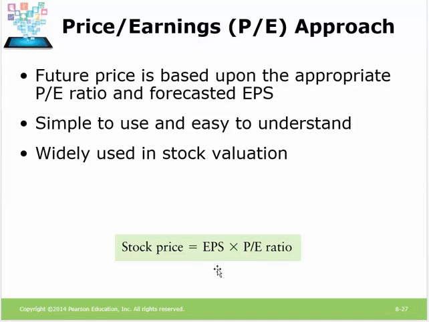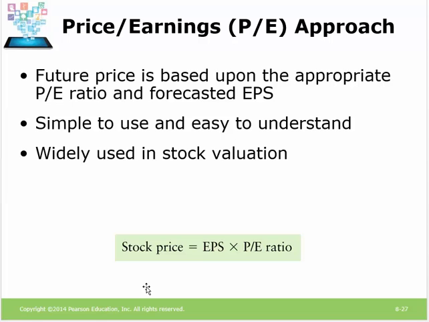If you estimate earnings per share, say, what do you think the earnings per share are going to be next year? And if you have a forecast of the PE ratio next year, that will give you an estimate of the stock price at the end of this year, at the end of year one, if you will.